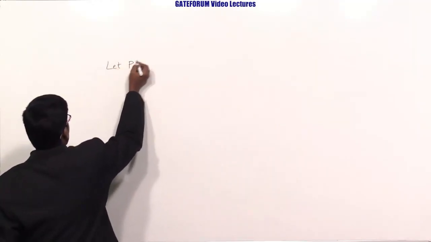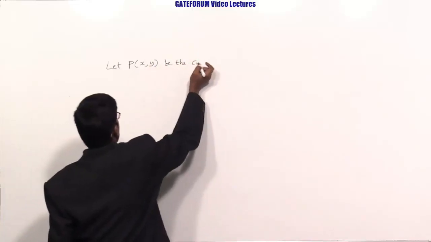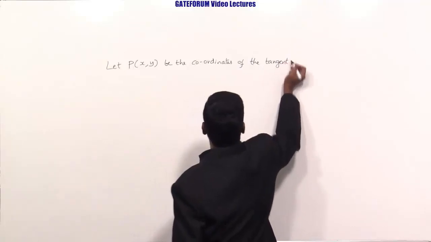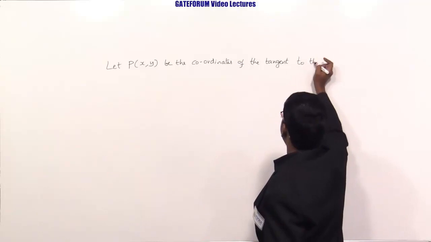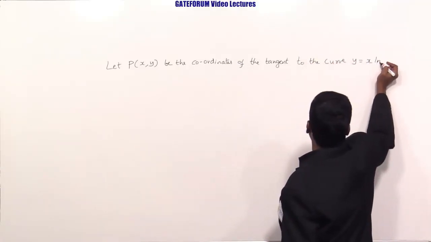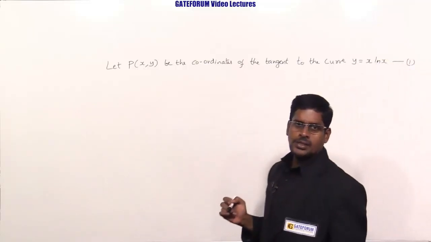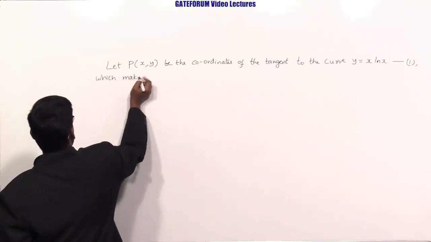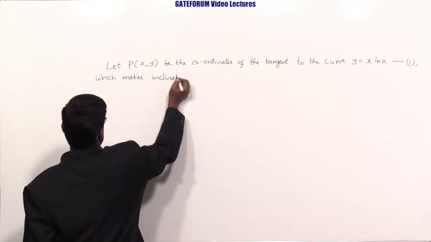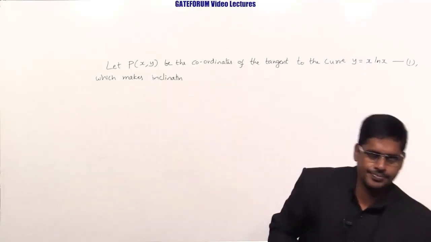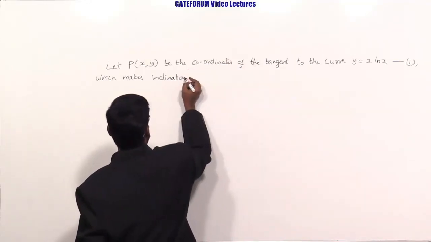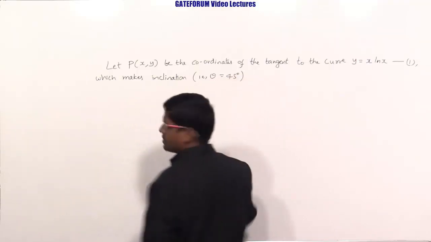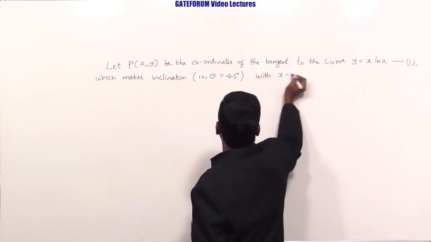So let P(x, y) be the coordinates of the tangent to the curve y is equal to x log x, let us say equation 1, which makes theta is equal to 45 degrees with the x-axis.